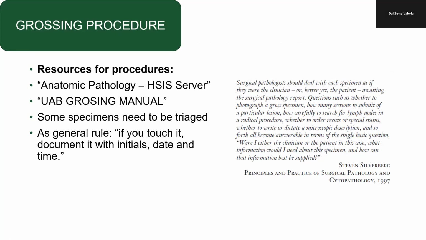So triage is the procedure: open the specimen, weigh, measure, give a basic measurement, write all your documentation in the paperwork, and then place the specimen in formalin. As a general rule, if you touch a specimen, if you are involved with a specimen, you document what you did, your initials, and the date and time in the paperwork.